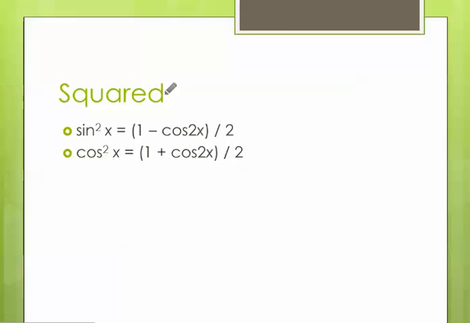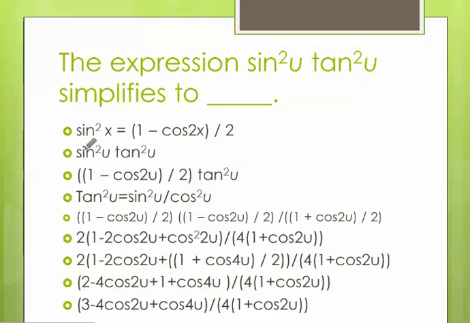Okay? How about the squared formulas here? Well, I'm going to use those squared formulas to simplify this one. I've got sine squared u times tan squared u. Well, the sine squared is equal to 1 minus cos 2x divided by 2. Well, I'm going to replace sine squared with that value right here. Okay? And I put it in here.